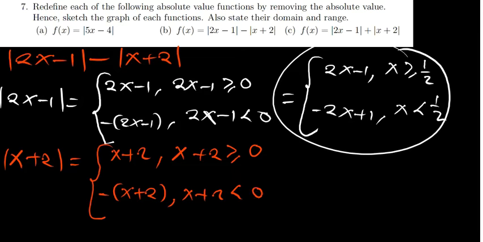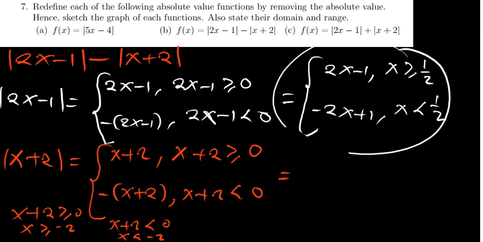Now I have to solve for x. So x plus 2 greater than or equal to 0 means x will be greater than or equal to negative 2. Another one is x plus 2 less than 0, meaning x has to be less than negative 2.